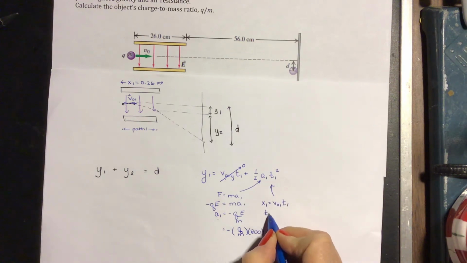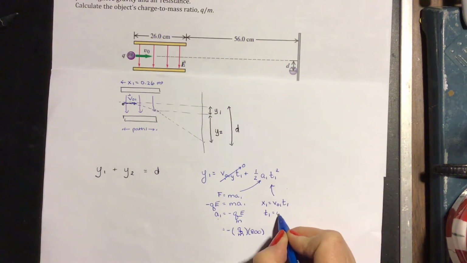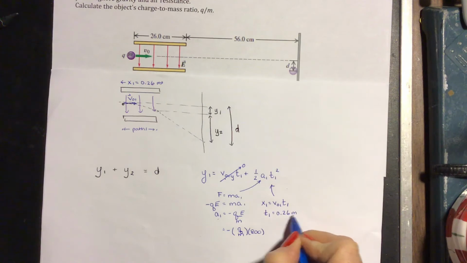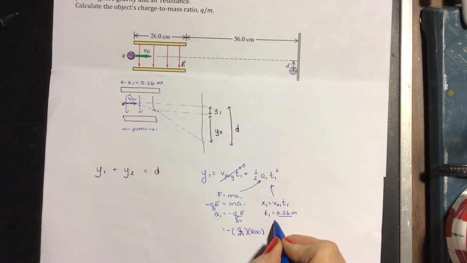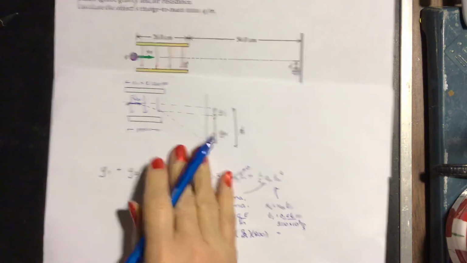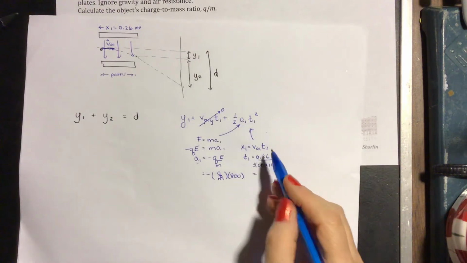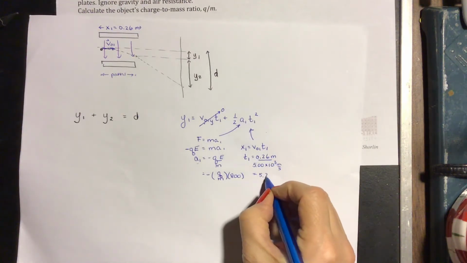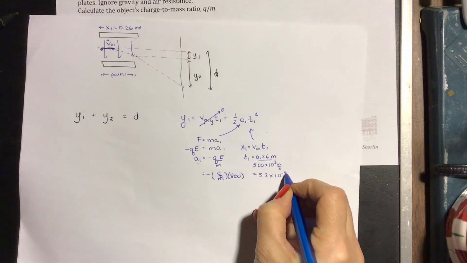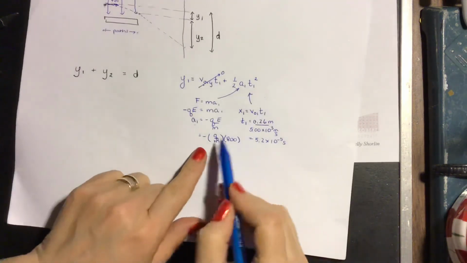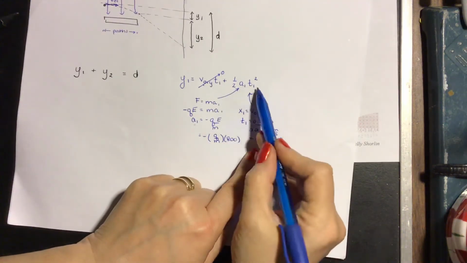So then t1 is x1, 0.26 meters, divided by v0, which was 5 times 10 to the 3 meters per second. So our time spent in between the plates is equal to 5.2 times 10 to the minus 5 seconds.